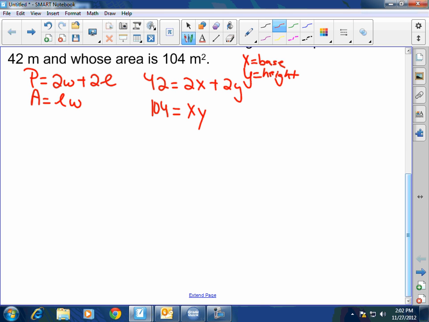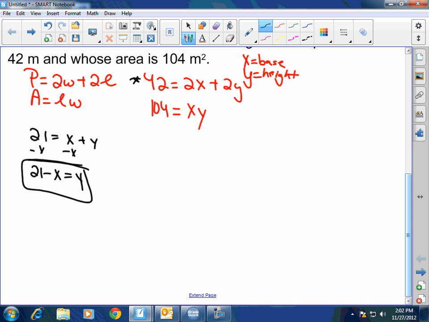What I'm going to do is solve for y in this equation. First I divide everything by 2, so I have 21 equals x plus y. Then I subtract x: 21 minus x equals y. Now I substitute that right into here.